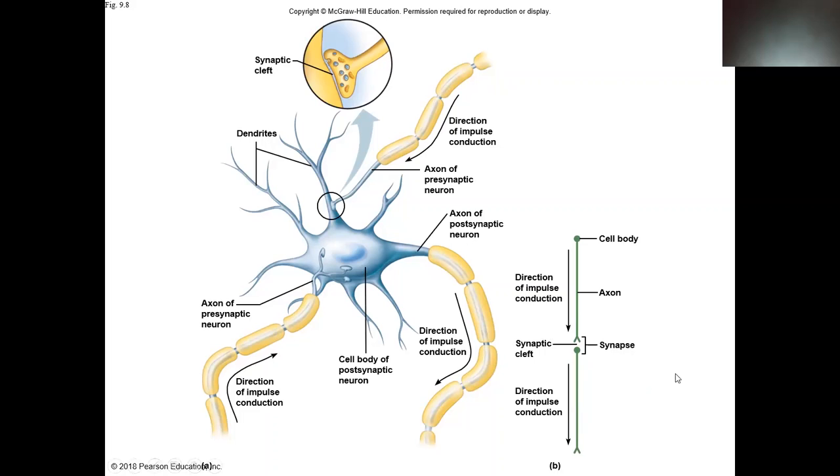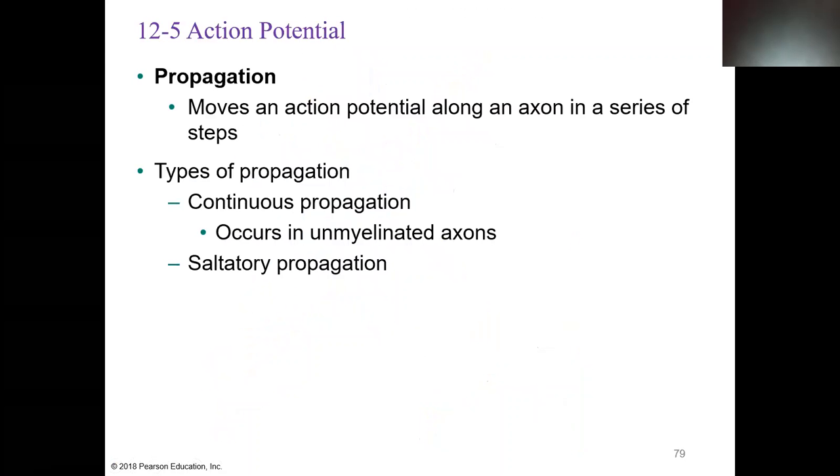So the synaptic cleft is very, very important, because once the information travels down and hits the axon terminal and the neurotransmitters are released, the neurotransmitters have to diffuse across that gap in order to reach the next cell in line. So the diffusion process is going to be very important to ensuring that we can continue to pass along the message. I'll show you some pictures of that here in just a little bit.